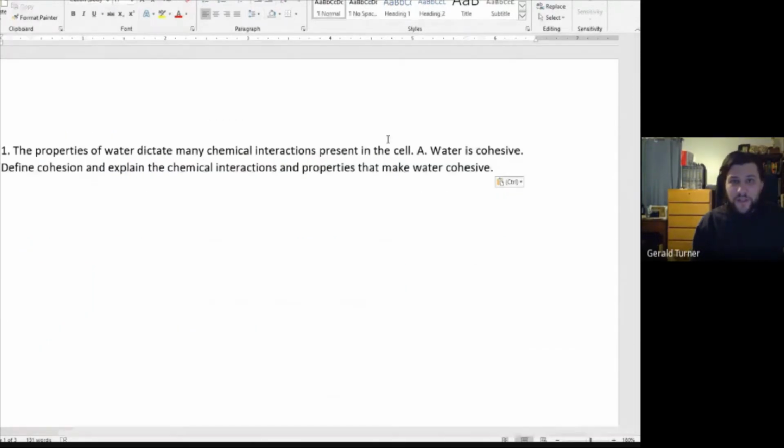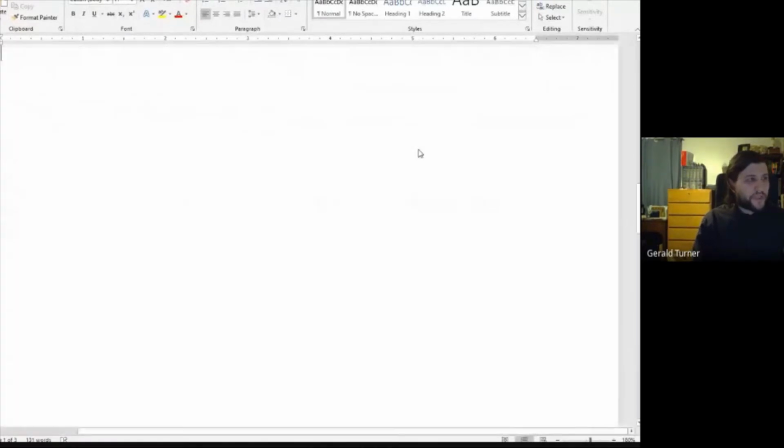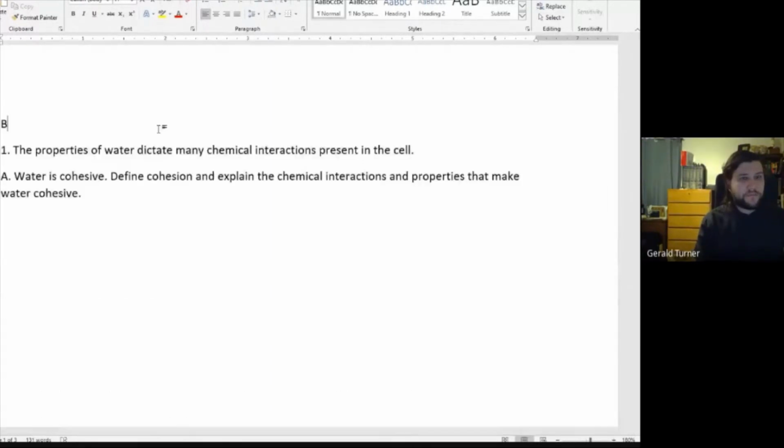So what we've got here, this is going back to some biochemistry. So we're getting to properties of water. One of those properties is that water, they say, is cohesive.